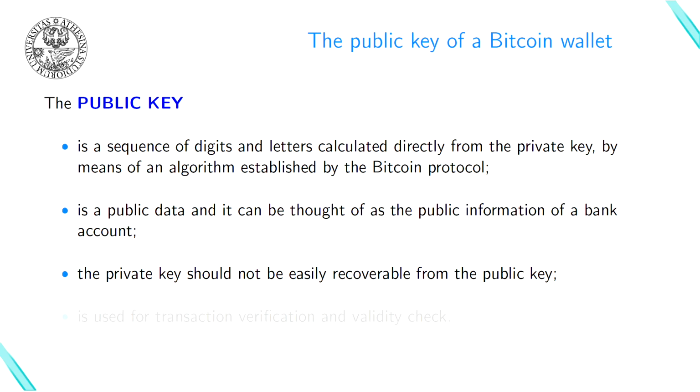Since it is public, everybody knows it, so the private key should not be recoverable from the public key. And remember that the public key is used for verifying and checking validity of transactions authorized by the corresponding wallet.